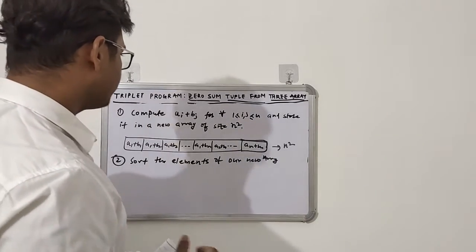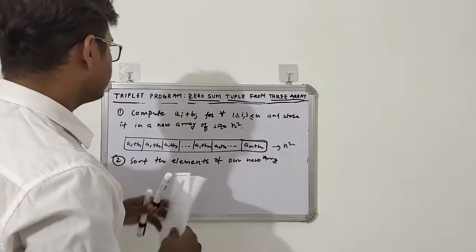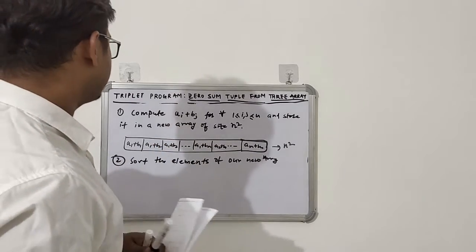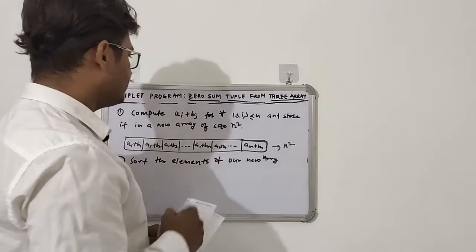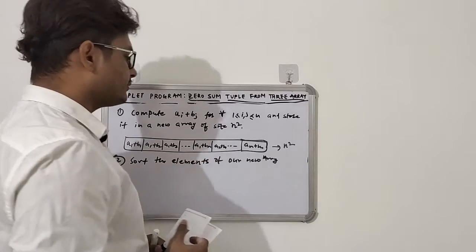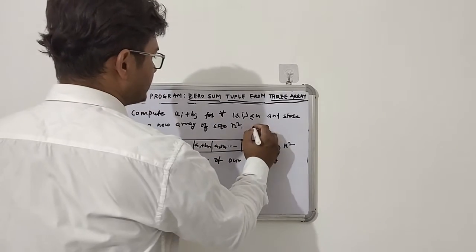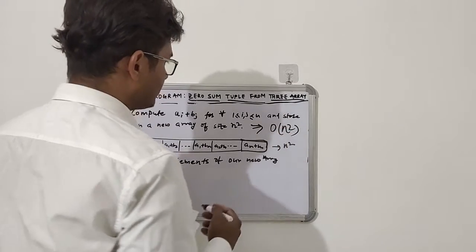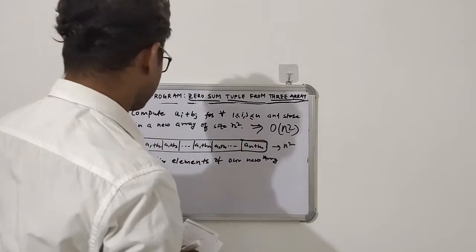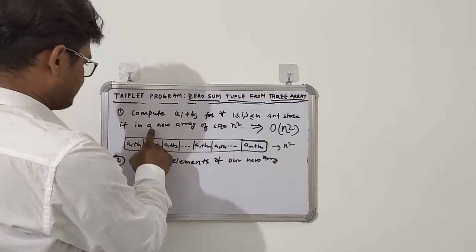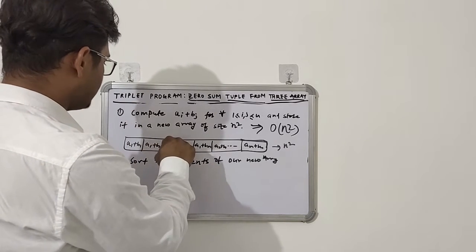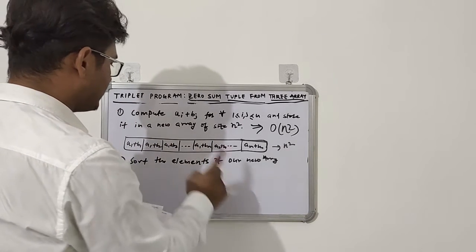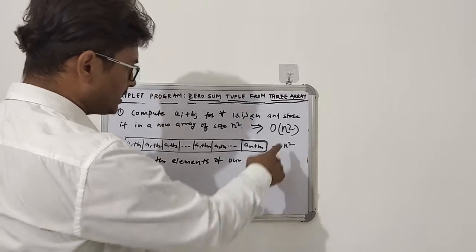First of all, let me tell how much time it is going to take. If we compute the total sum of array A and array B, it will take total time order of n square, one from each array: A has n elements, B has n elements, then n into n, order of n square.